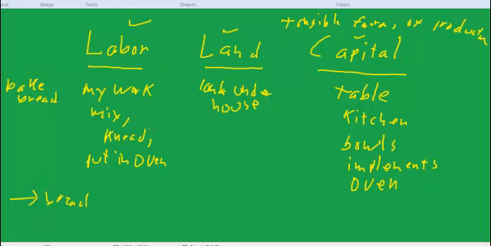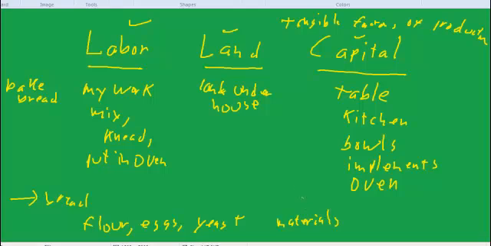Well, what's missing in this story? We're missing certainly the ingredients. What do we do with things like the flour, the eggs, the yeast? Okay, if we were modeling this as a business, these would be called materials. That is, they were materials that we purchase for the business and then make into something else.